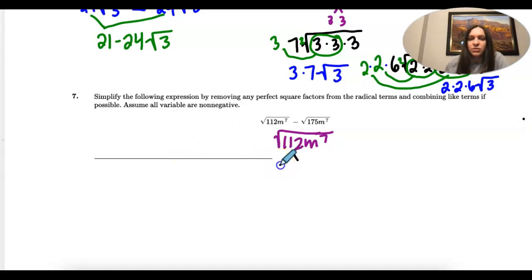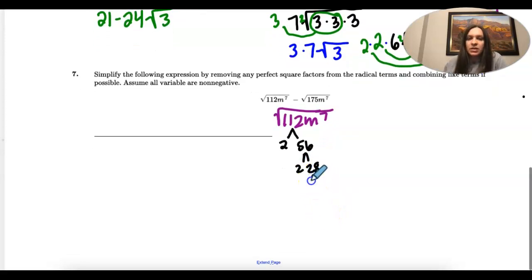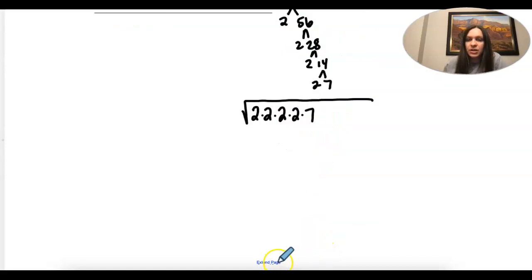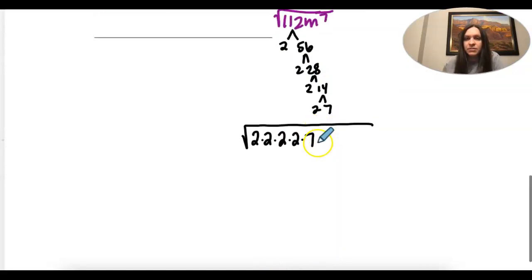So we have 2 times 56, and then 2 times 28, and then 28 is 2 times 14, and 14 is 2 times 7. So what we have here is a square root with 1, 2, 3, 4 2's, and 1 7, and then remember our variables, we also have 7 m's.